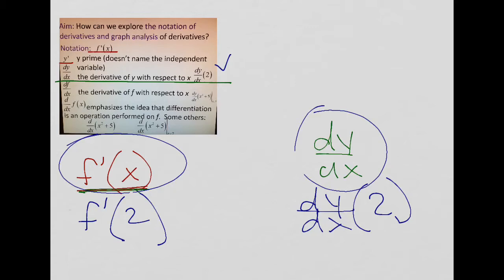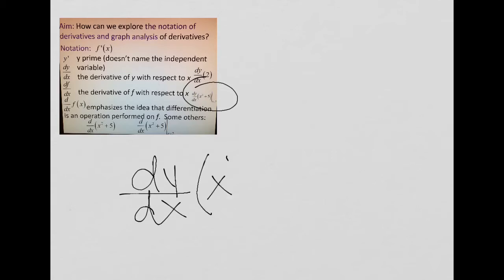Now the next one you're copying, we don't see all that often: df over dx, but it is a notation that we can use. It's the derivative of f with respect to x. It's basically naming the function we're working with. So sometimes instead of just the value that we want to plug in, we actually write out the function next to dy over dx, and then we put a line and we write when x is 2.